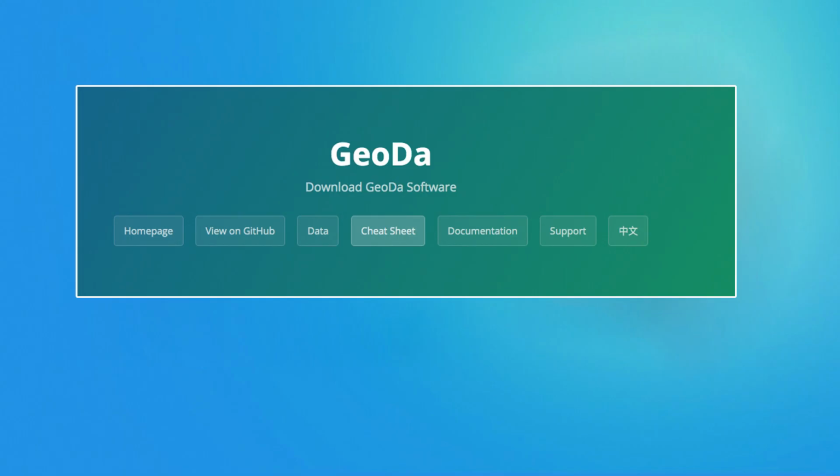GeoDA is an important tool for geospatial analysis. With the use of this software, researchers may decipher spatial correlations, trends and variations as they delve into the intricate fabric of urban surroundings. GeoDA is essential in assisting with well-informed planning decisions by shedding light on the geographic characteristics of different urban settings.